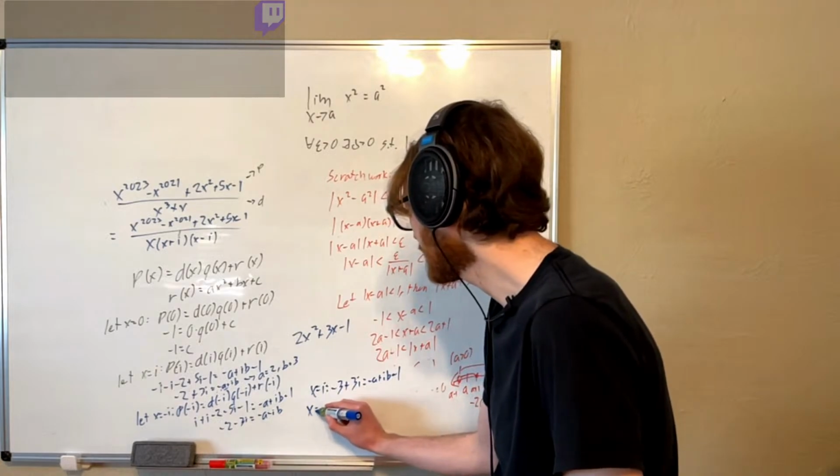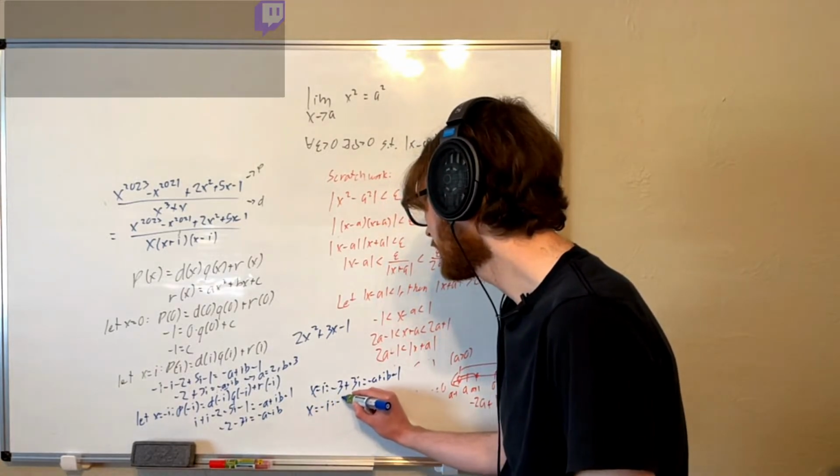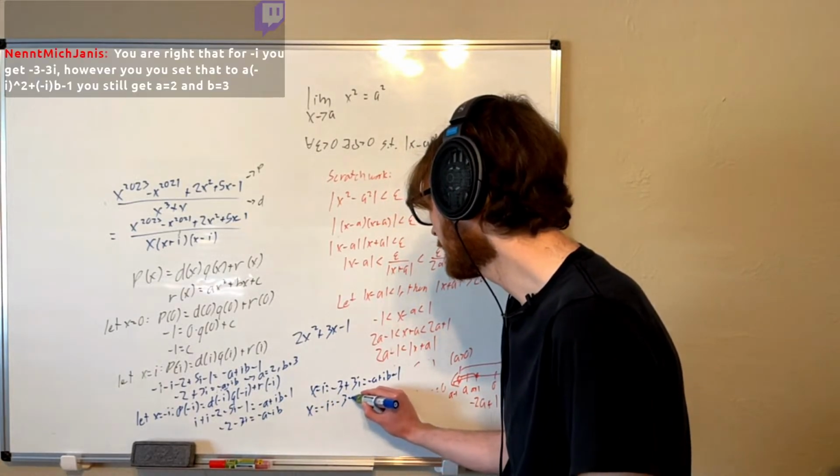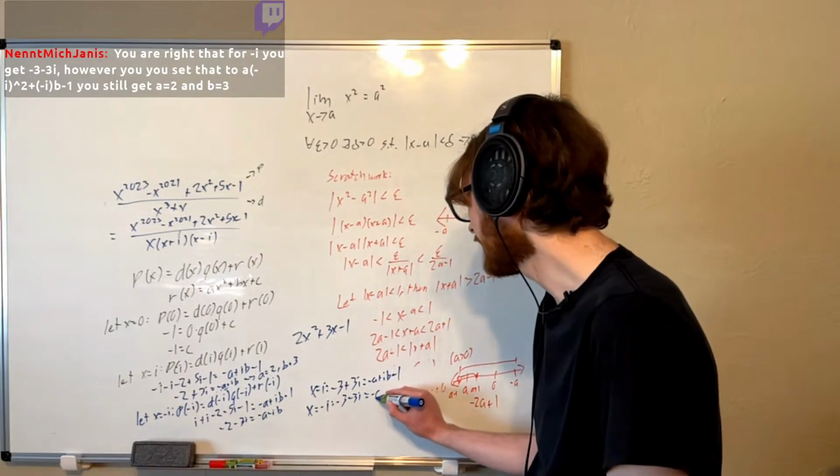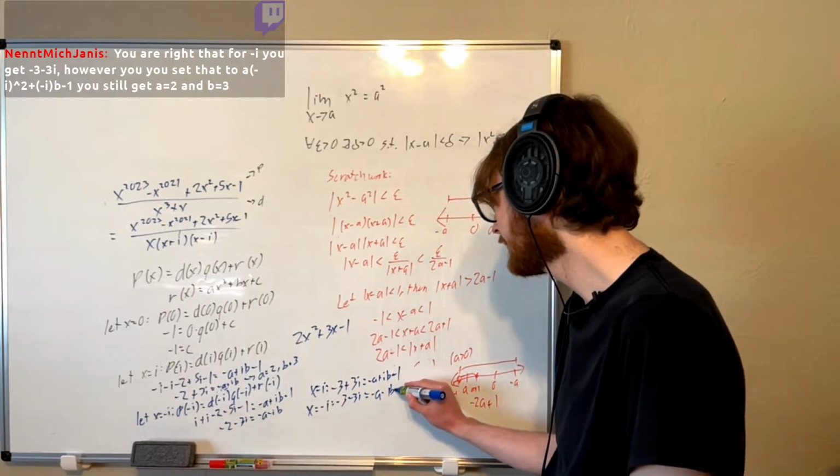And for x equals negative i, you get minus 3 minus 3i equals minus a minus ib minus 1.